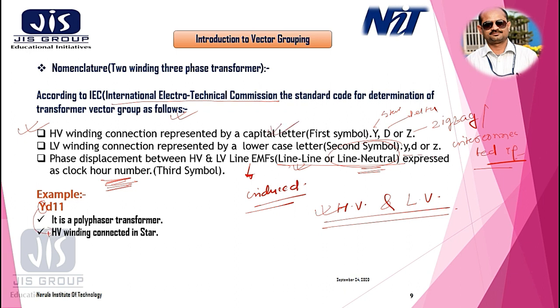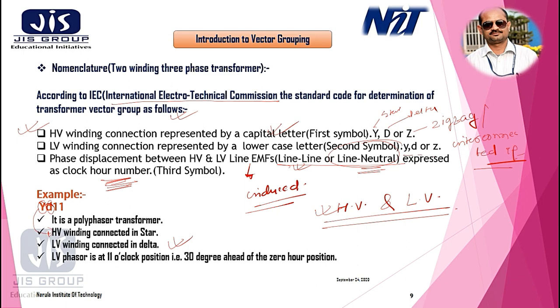So the HV winding is connected in star. Similarly, the secondary is connected in delta. And third, it is designated by a clock. This is 12, this is 11, 1, 3, 6, 9. So it is defined by this 11 position.